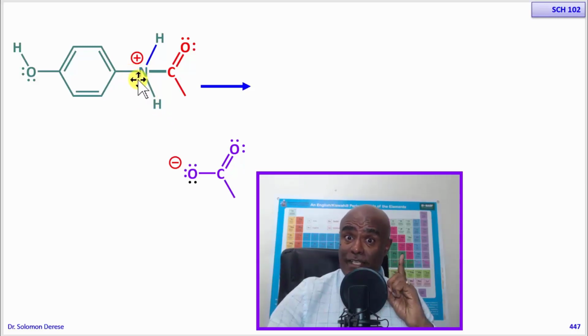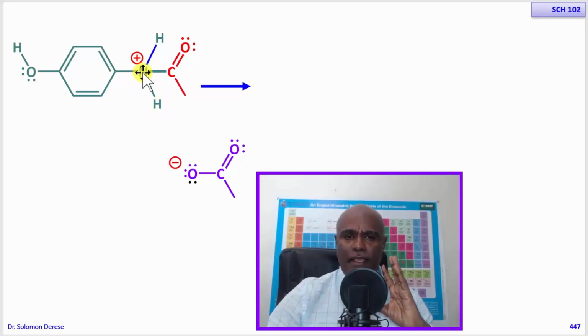Because nitrogen is an electronegative element. Isn't it true? It is the 3rd most electronegative element. So it's not happy having this positive charge on it. This nitrogen will pull electrons from this bond. Most of the electrons of this bond will be taken towards the nitrogen, neutralizing the positive charge on the nitrogen. When that happens, this hydrogen becomes positively charged. So this oxygen will not be attracted to the nitrogen. Instead, it will be attracted to the positive center in this bond.